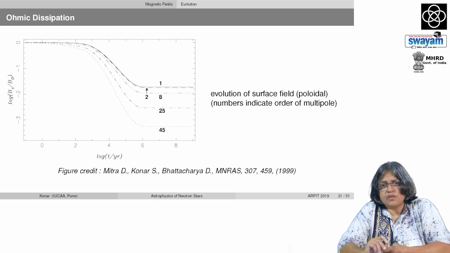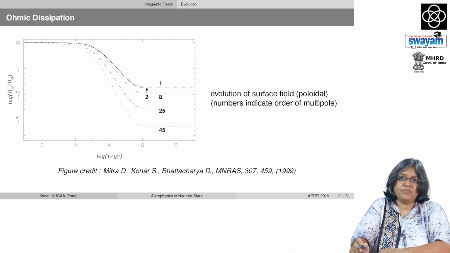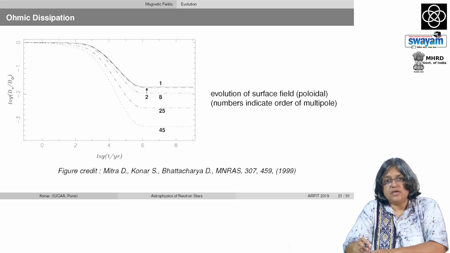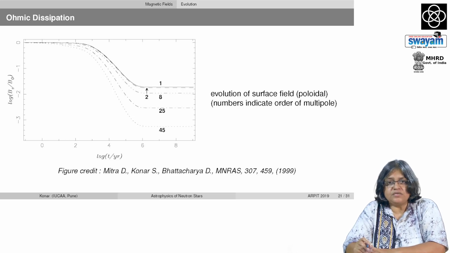This is a picture of how ohmic dissipation may affect the magnetic field in an isolated neutron star, and the top curve is for a dipolar field, and it is seen that even for 10 to the power 8 years the decay is not much.